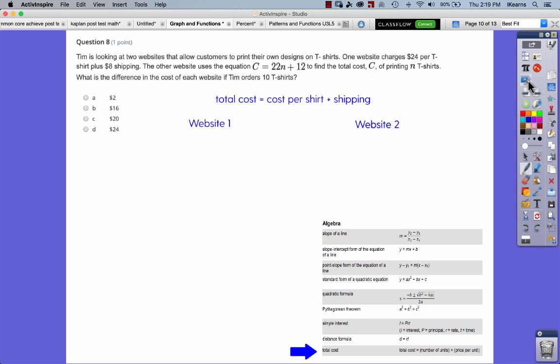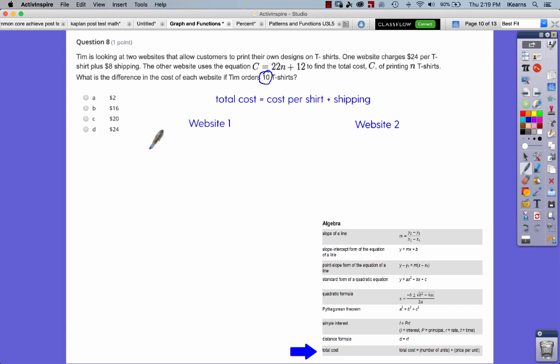All right, so we're comparing 2 different companies and how they have their pricing structure, okay? For both of them, what we have is the total cost is equal to the cost per shirt. So you need to know how many shirts you're buying, which is 10, and how much each shirt costs, plus shipping. So they each have a different cost per shirt and a different shipping rate. So website 1 is up here, okay?